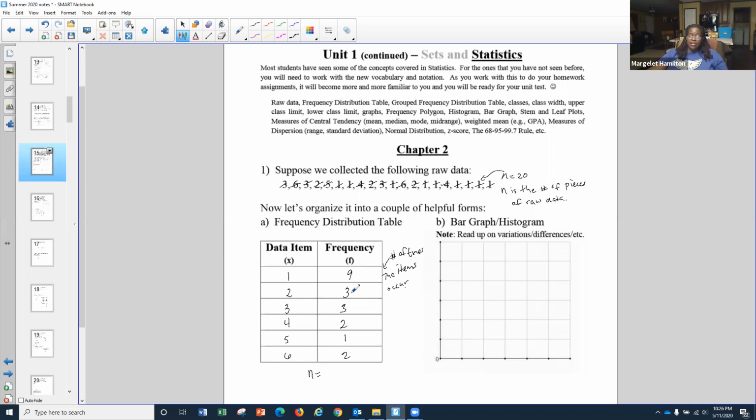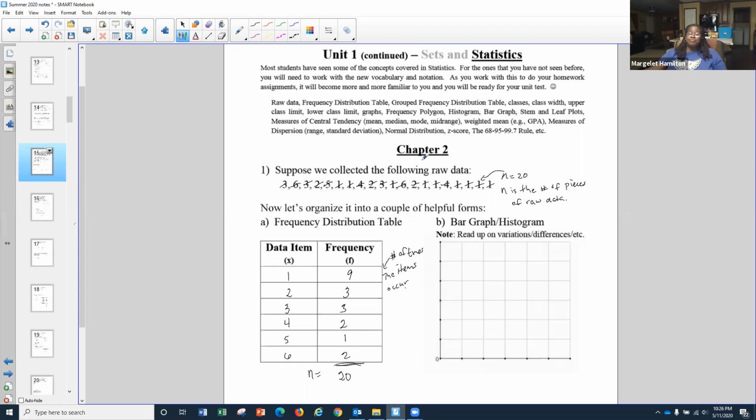So we have 9, plus 3, plus 3, plus 2, plus 1, plus 2. You add that up, right? We do get 20, right? Are we all right?